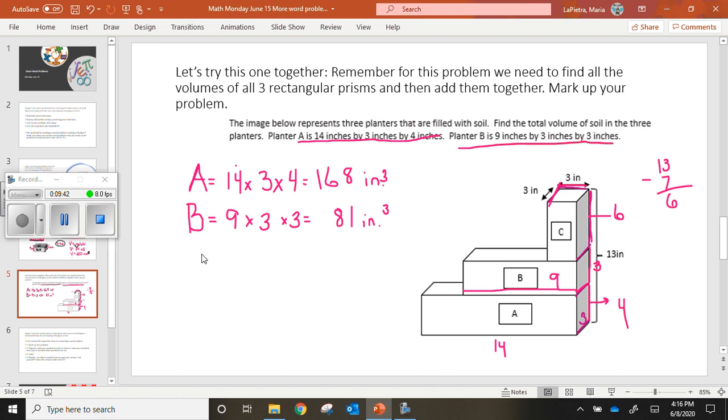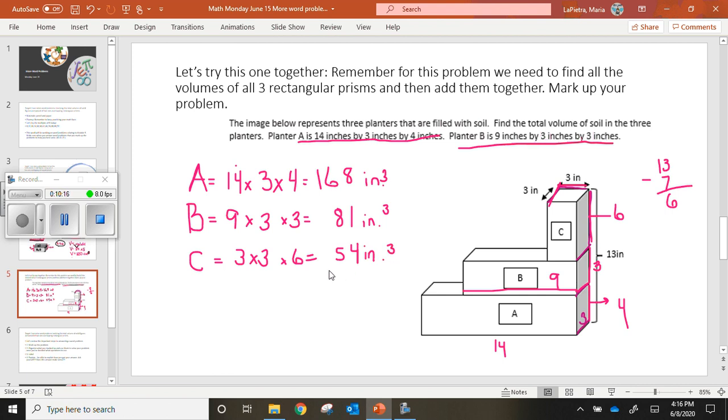And now let's do C. C, we said, was 3 times 3 times 6. And that should be 3 times 3 is 9, 9 times 6 is 54. Same thing, inches cubed.